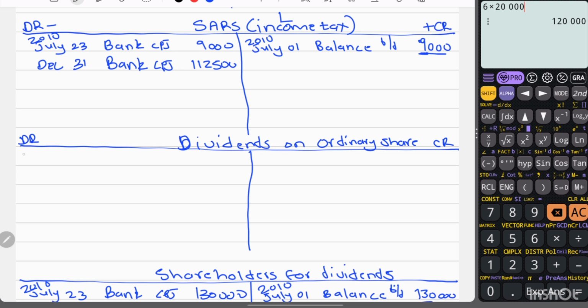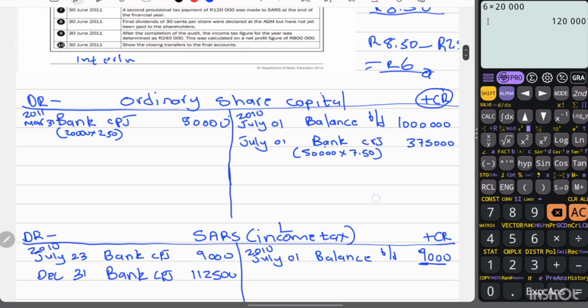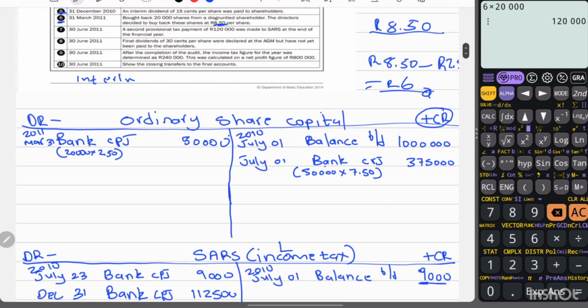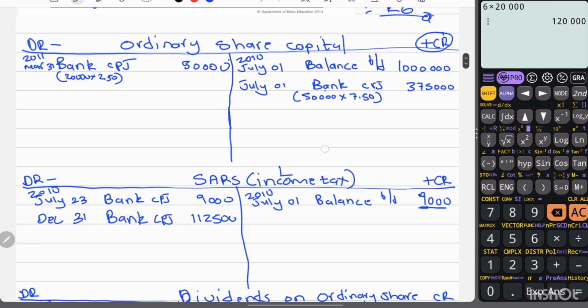Here we paid on 2010 December 31. Bank is affected here. We paid, CPJ is affected. We paid how much here? We're going to open a bracket here. The information says an interim dividend of 15.